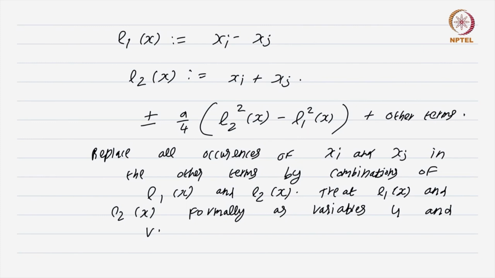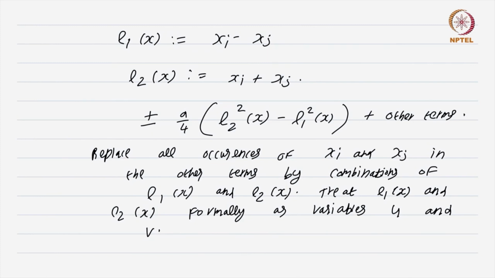All I'm doing is I have these linear functionals L1 and L2, and I'm just calling them u and v formally. If you observe, the proof in the previous part was completely formal. There was nothing about the meaning of the terms; it was straightforward algebraic manipulation. Now we replace L1 and L2 by u and v.